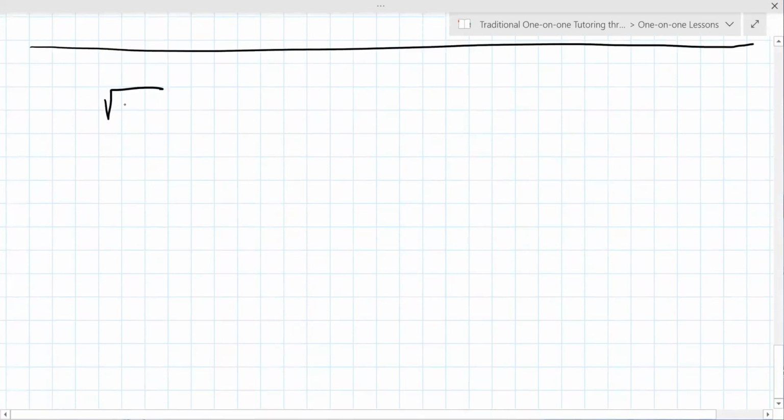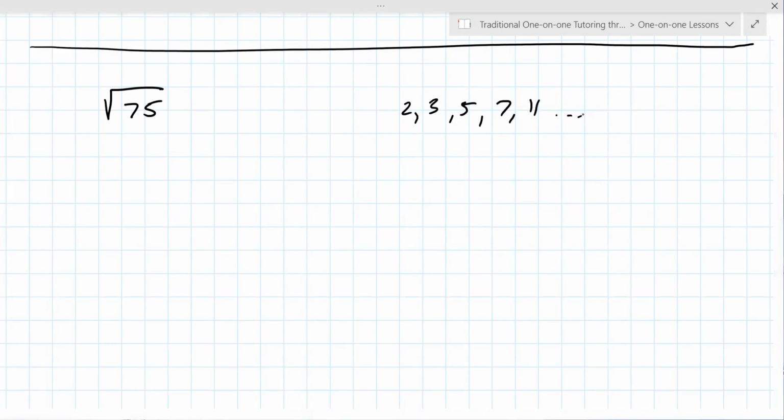Next one here. Let's do the square root of 75. 75 divided by what?